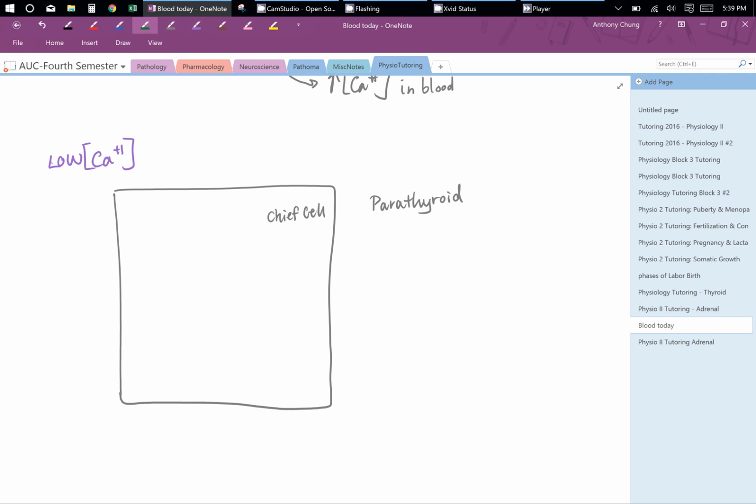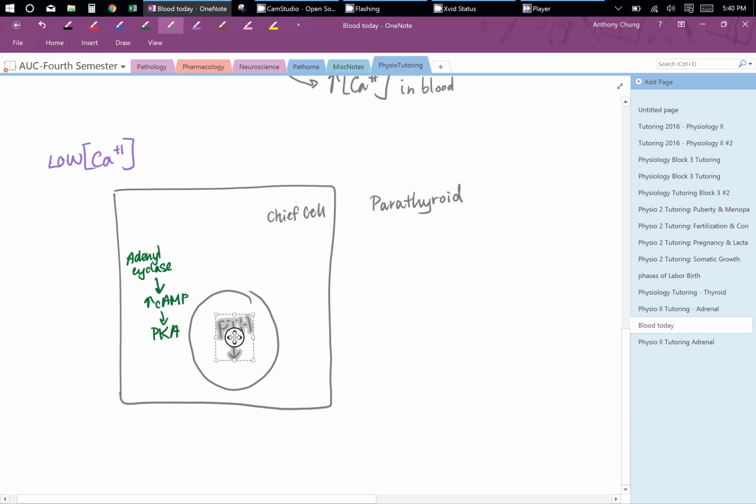So normally in these chief cells, it has an adenyl cyclase. And it goes through the whole cyclic AMP, and then protein kinase A. And what it stimulates is, I should have probably gone back a step, but in these chief cells, you'll have PTH being made, and then it's in these vesicles.